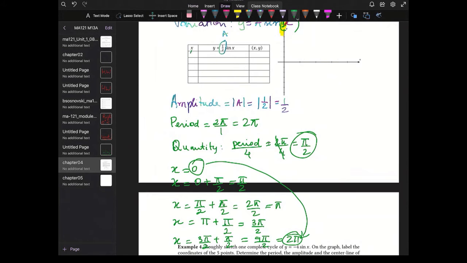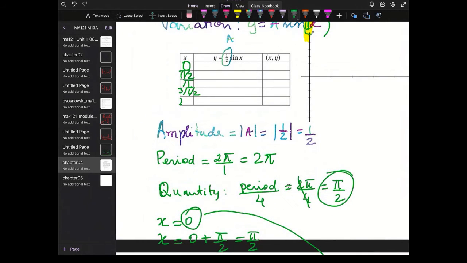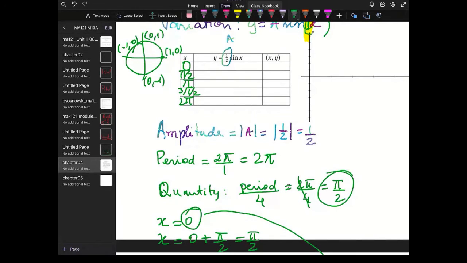So we use 0, the first number, and then we have pi over 2. We have then pi. We have 3 pi over 2. And then finally 2 pi. Again, the unit circle is going to help me with the points. The y value here is going to be a half times sine of 0.